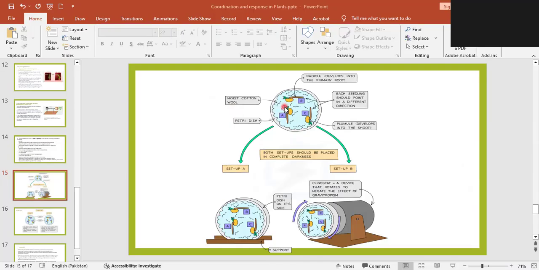Okay, we have taken three seeds. Why have we taken three seeds? Because it will be easier for us to get an accurate result. Whenever you need an accurate result, either take a large sample, like usually three or four, so you can compare the readings, or you can repeat the experiment three times.